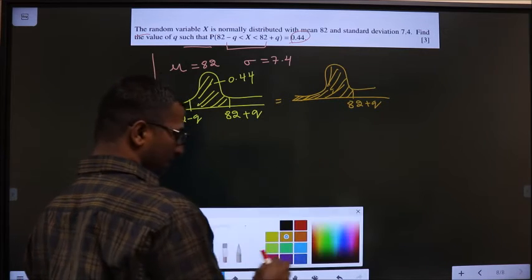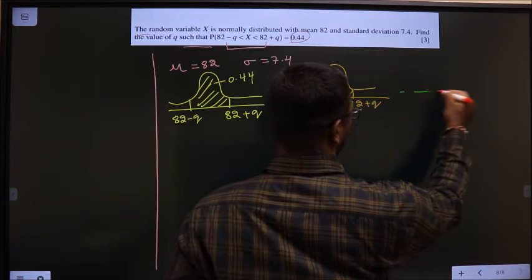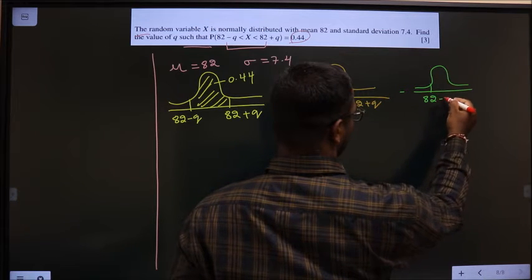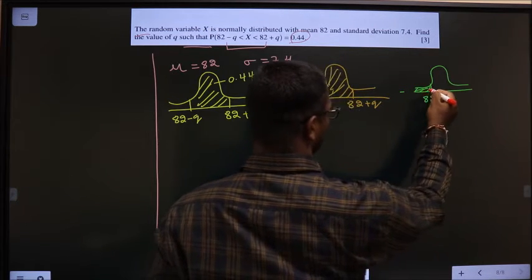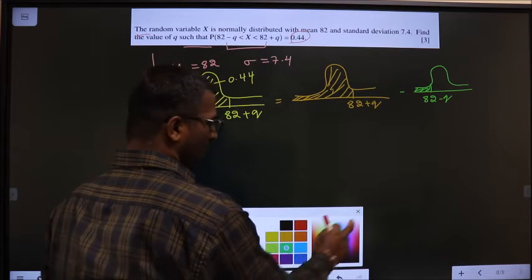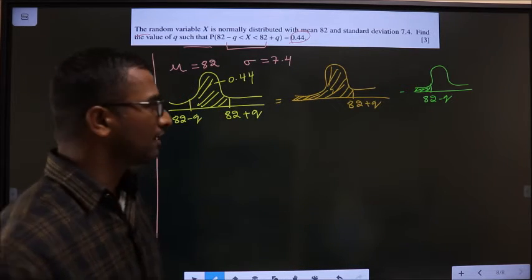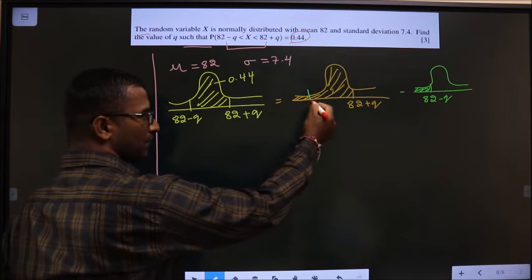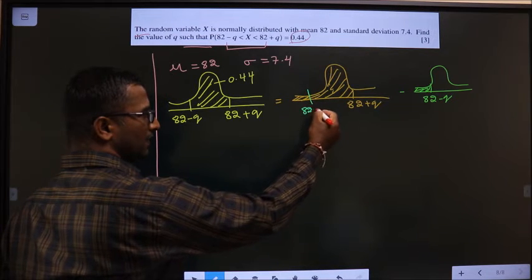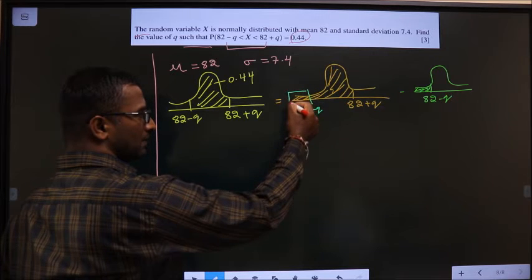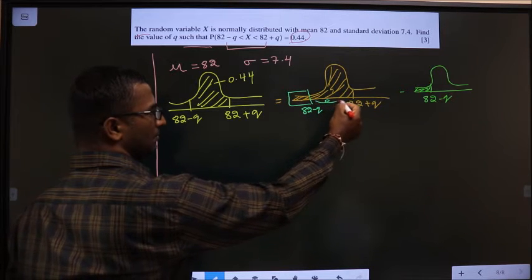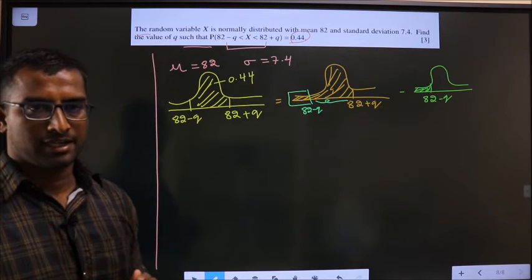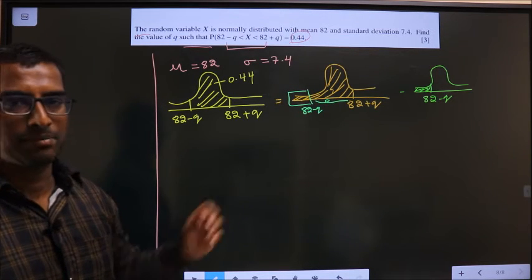From that I remove the left side of 82 minus q. Understand it carefully. From the entire left side of 82 plus q, when I remove the left side of 82 minus q, I get the in between area. Did you understand?